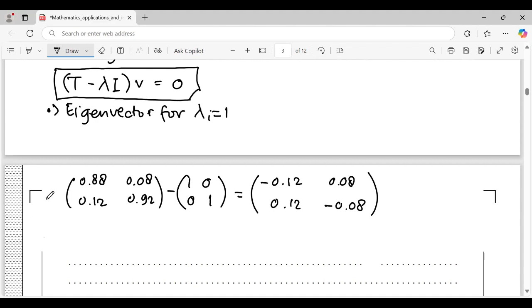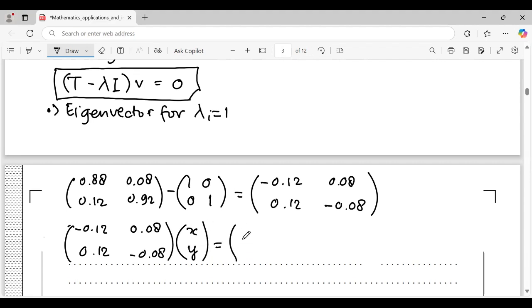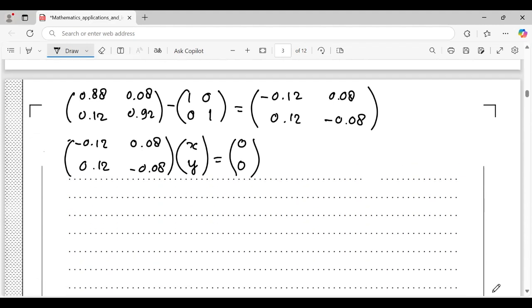Now, solve the system of linear equations. I'm going to create this matrix, minus 0.12, 0.12, 0.08, minus 0.08, multiplied by this one-column matrix, equals 0, 0. So there are two linear equations.